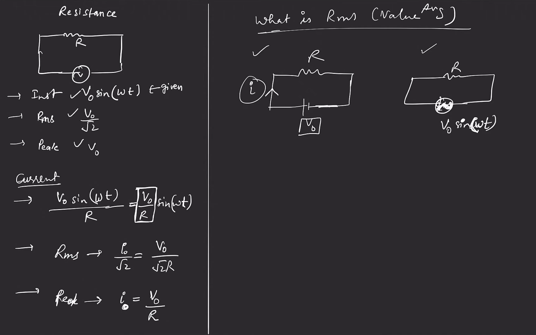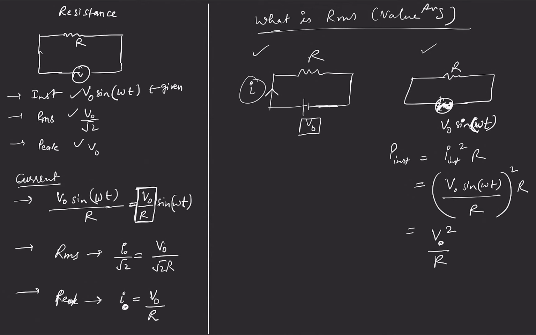So firstly, the instantaneous power would be the instantaneous current squared times R. Instantaneous current is simply instantaneous voltage by R. So this would be V0 squared by R sin squared omega t.